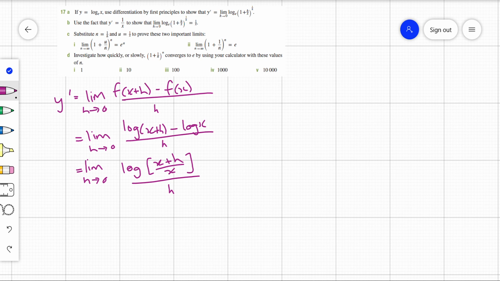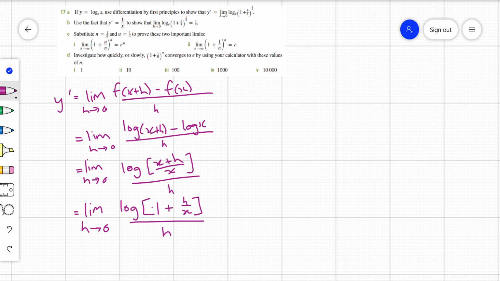And then there's two ways to go here. I'll do it over here. We could go like this: log, x on x is 1, plus h on x. So log of (1 plus h on x), on h.